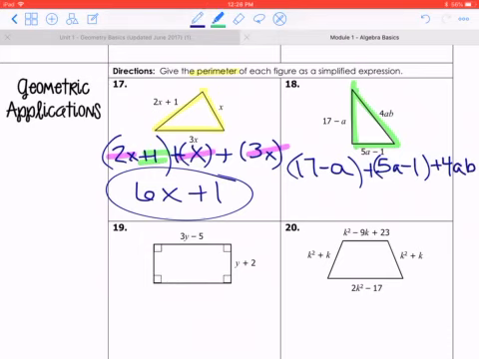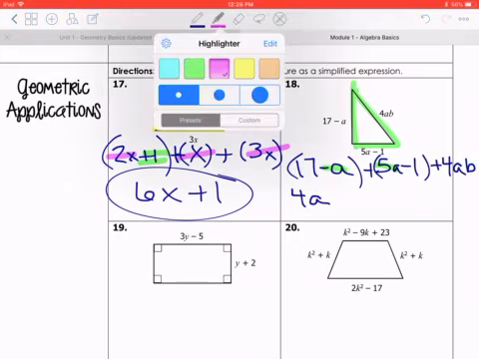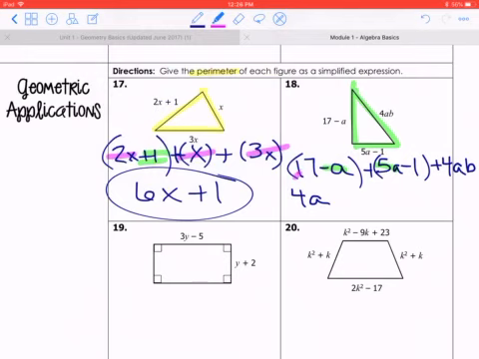Again, you're going to look to combine like terms. So I have a minus 1a and a 5a right there. So 5 minus 1 is going to give me 4a. Then I had a constant 17 and a negative 1. So 17 minus 1 is going to give me 16. And then the last thing I have is right over here, this 4ab. So that would be plus 4ab.